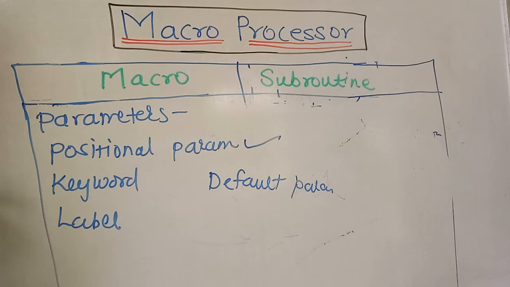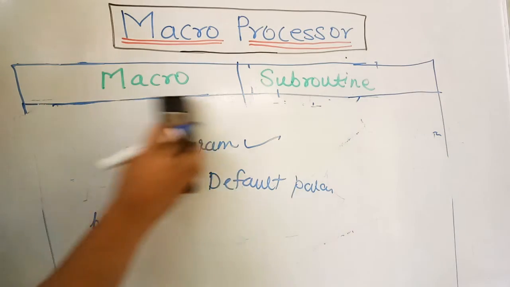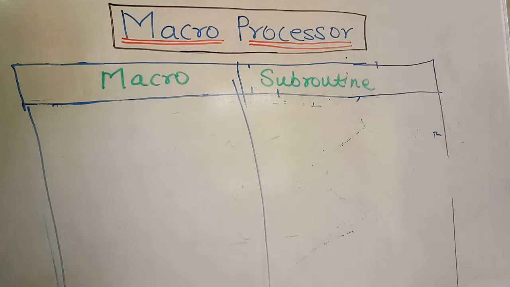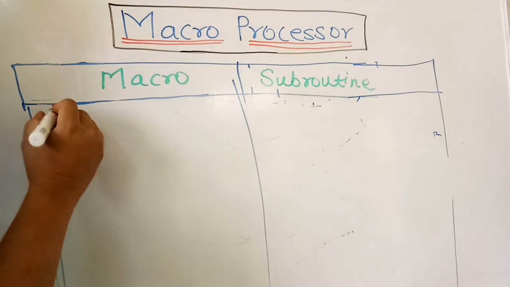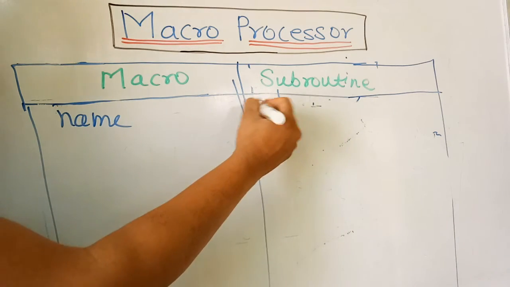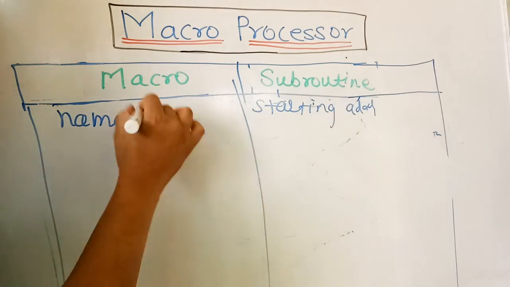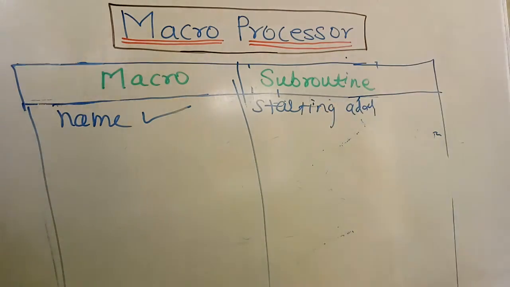How are macros and subroutines called? Basically, a macro is called by its name and a subroutine is called by its starting address.